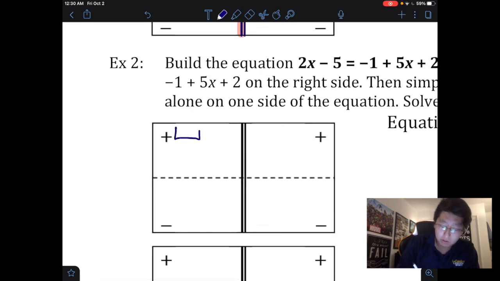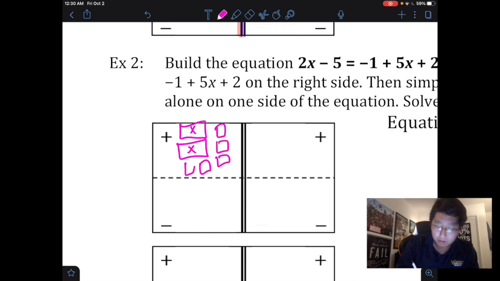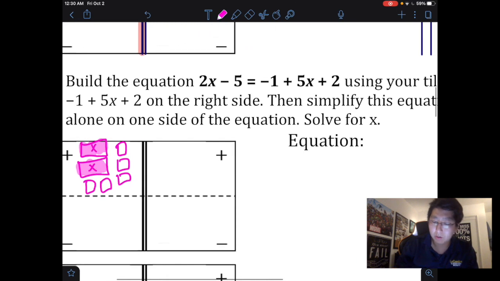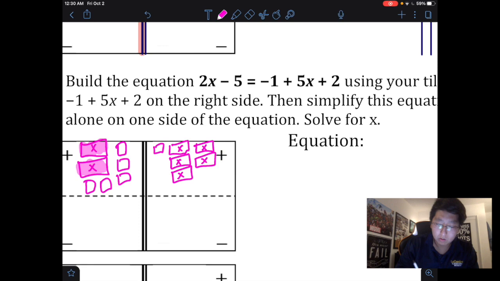So we'll go ahead and draw this on the left side. I'm going to put 2x values, so 2x tiles. I'm going to use pink, just because that's how I've been doing it. 2 positive x tiles, and minus 5, so I'm going to leave 5 blank. And I'll shade these in. 2x minus 5, and then on the right, I have negative 1 plus 5x, and then plus 2.